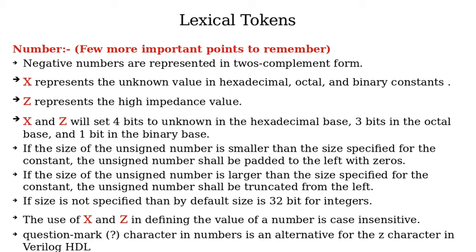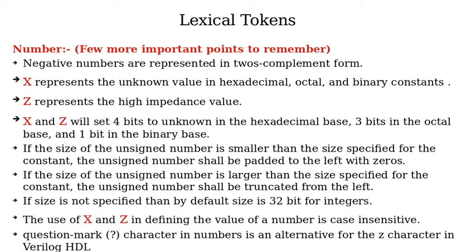If the size of the unsigned number is smaller than the size specified for the constant, the unsigned number shall be padded to the left with zeros. And if the size of the unsigned number is larger than the size specified for the constant, then the unsigned number shall be truncated from the left side.